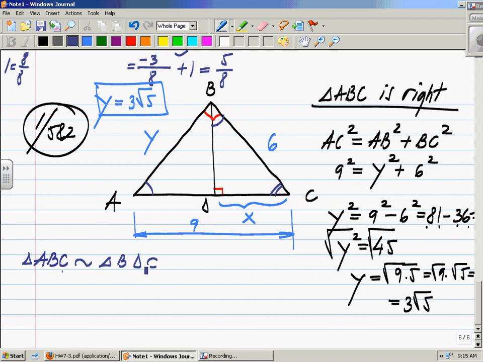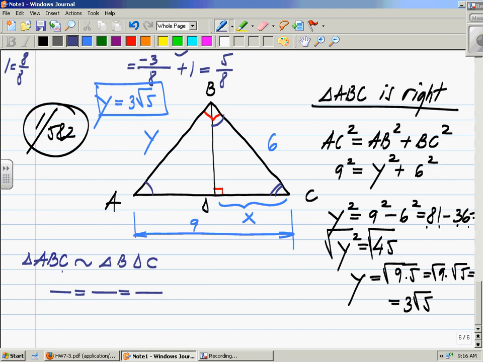From this one, you can write the similarity ratios, right? Who can help me? What side over what side equals what side over what side, and so on.